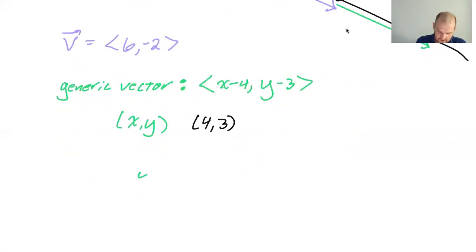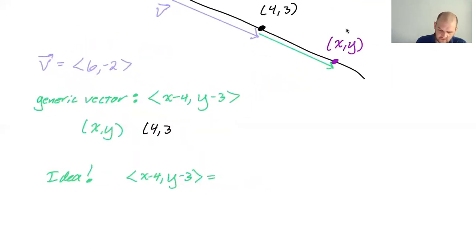x minus 4, uh-oh, where are you going here? What is happening? All right, I got it, don't worry. Okay, so this is an idea. It should have been a different color, but x minus 4, y minus 3 should be a scalar multiple. So a scalar multiple, we'll use k for our scalar, or t.